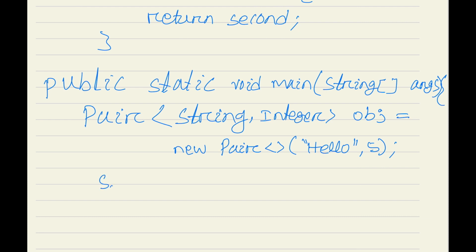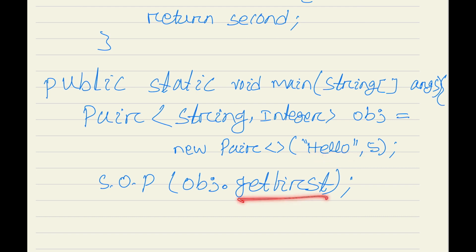Now simply we can write System.out.println. So in short I am writing SOP. So obj.getFirst, that means we are just calling the method. So it is going to print the value of the string that is hello, because getFirst returns the value of first. So here value of first is hello.